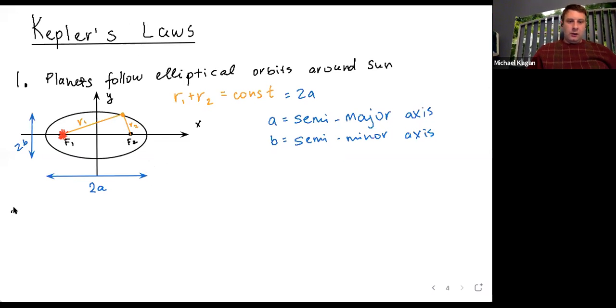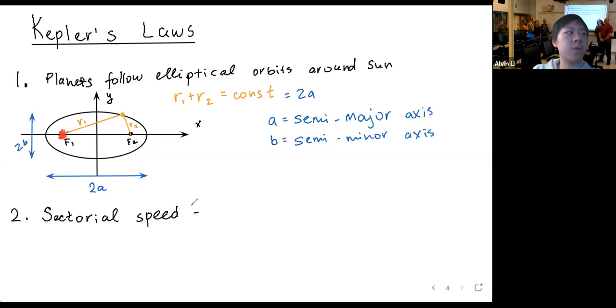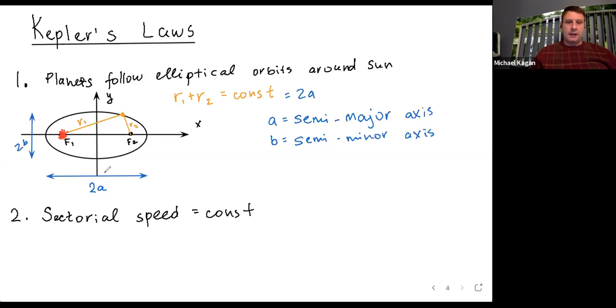The second law is stating that the sectorial speed is constant. Does that ring a bell, or do you want me to define this thing? It sweeps out equal areas in equal times. Exactly.